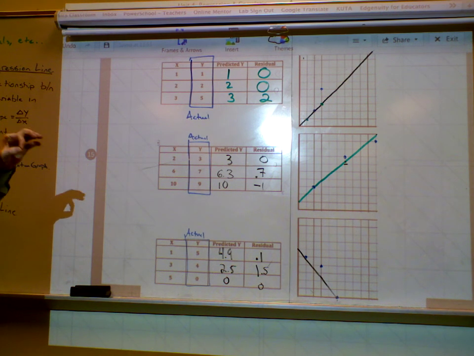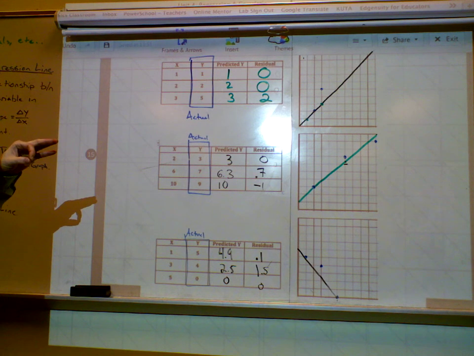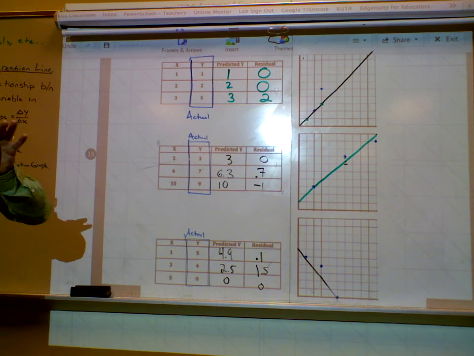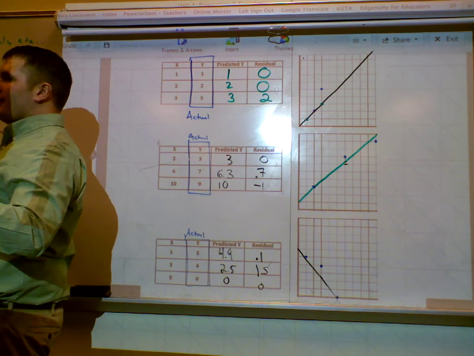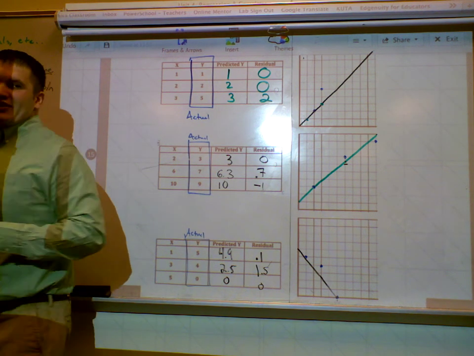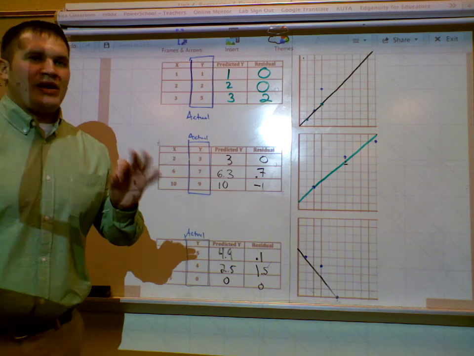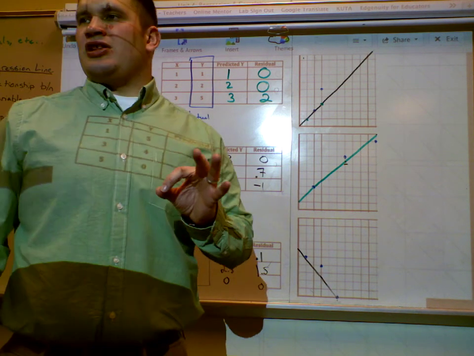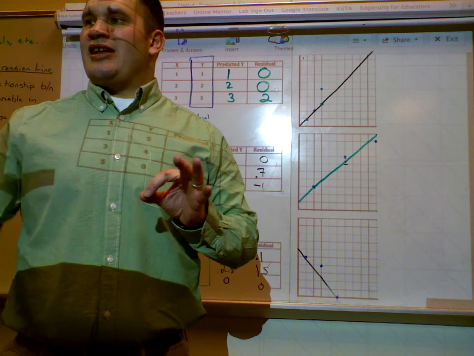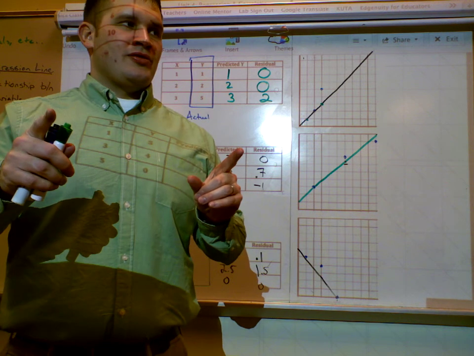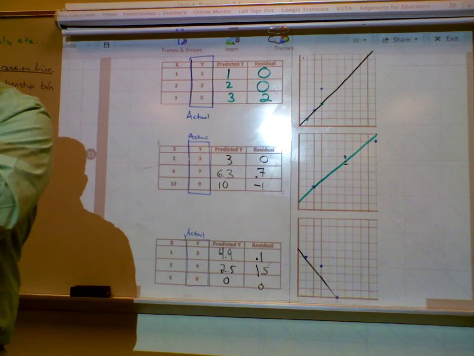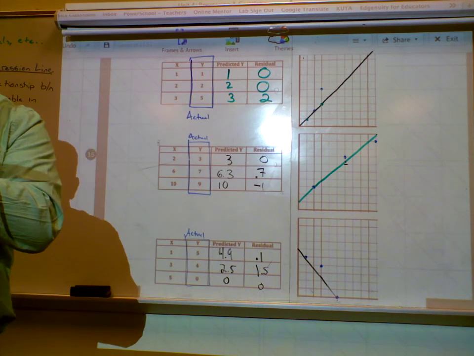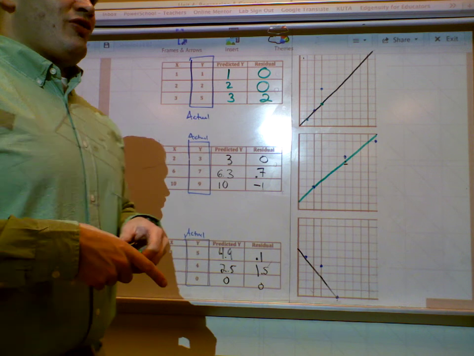We need to find an equation. Where do we find the equation? What do you think we use? The data. Our data and a regression line that our calculator will find.